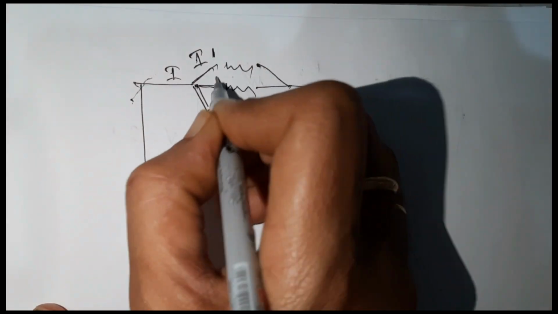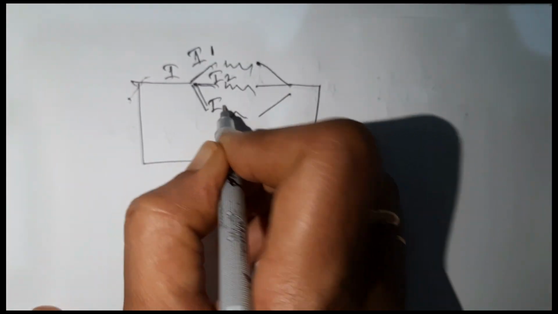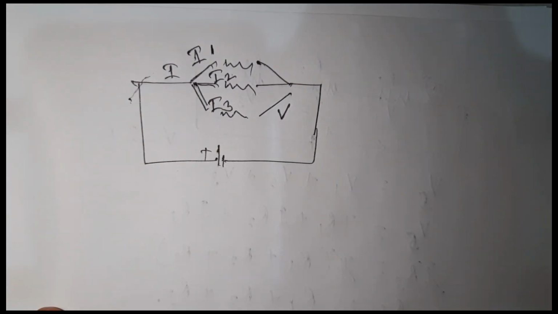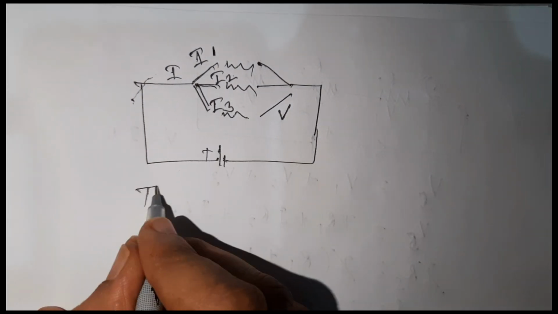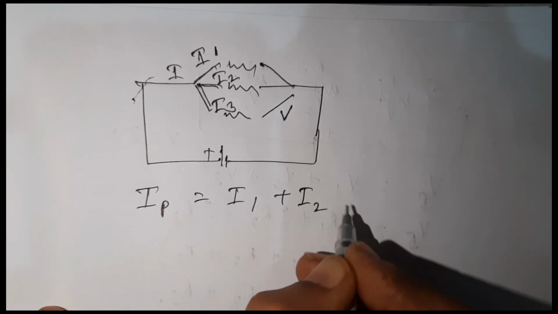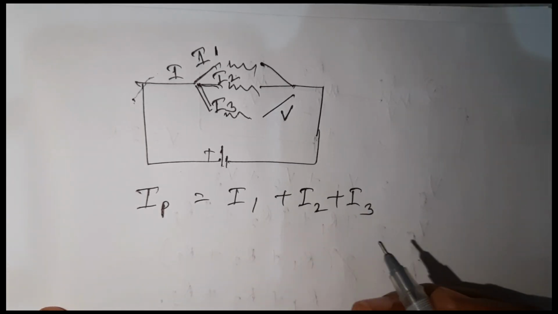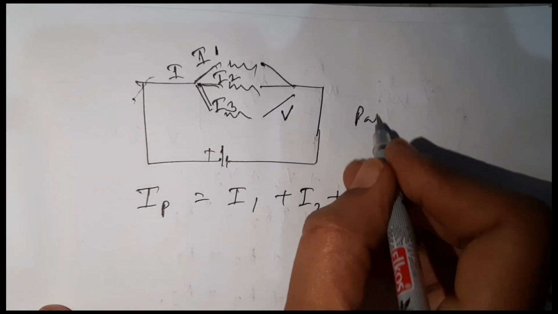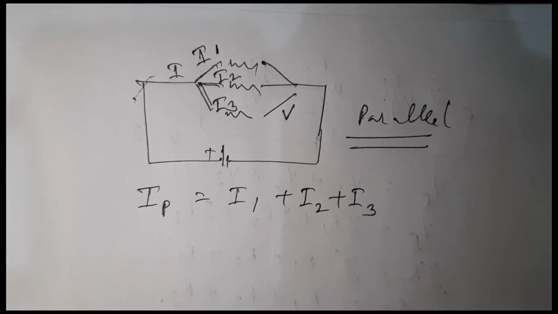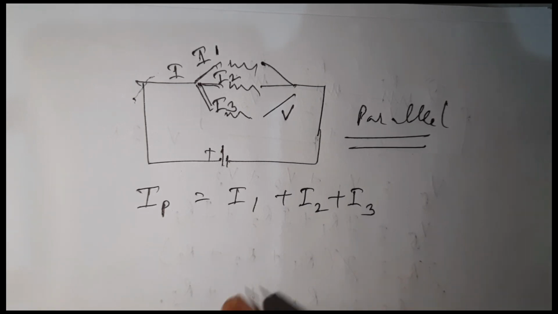Here current will split as I1, I2 and I3, whereas the potential difference will remain the same. So current in parallel will start from I1 plus I2 plus I3. For series connection we started with voltage division; here we will start with current division.